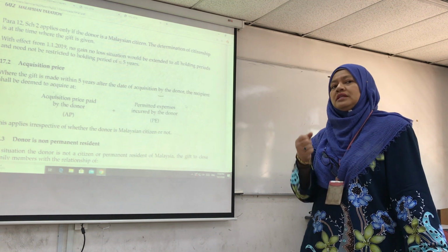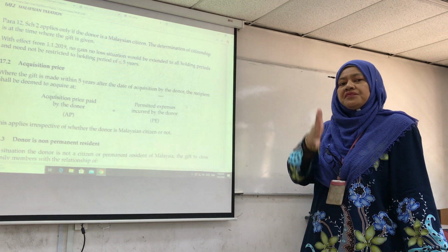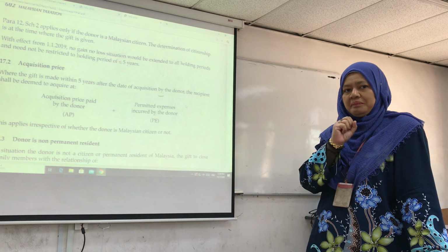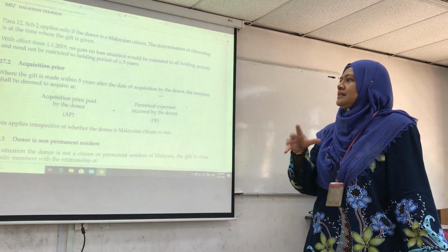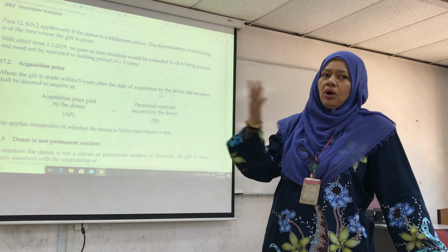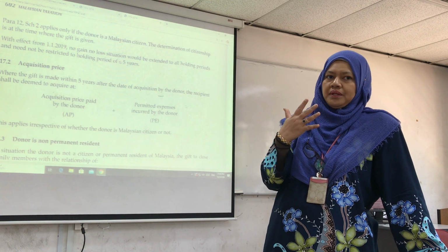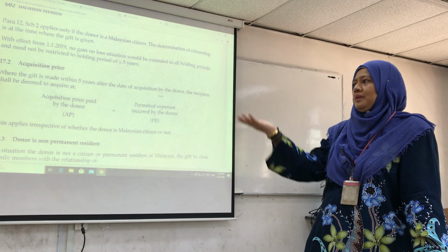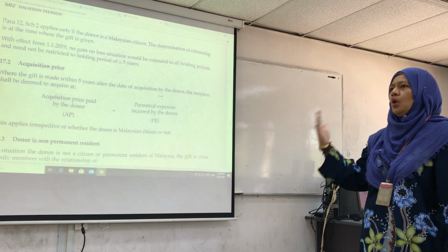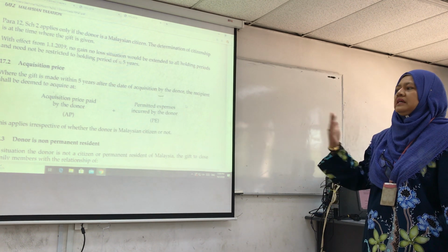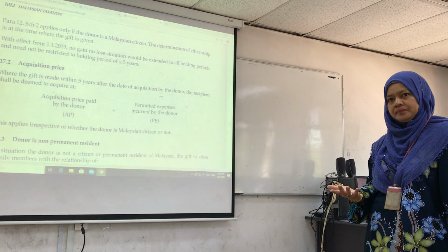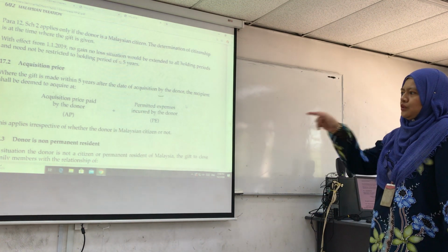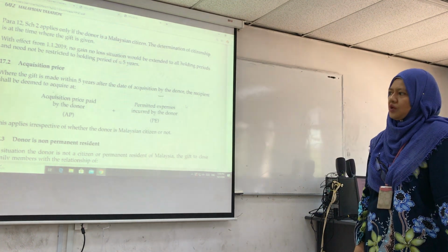But now, in 2019, after 5 years the disposal is still at a 5% tax rate. So that is why it applies to all kinds of holding period. Even after 5 years, you still apply it to the donor. If you hold the asset for more than 5 years, it is still a no gain, no loss. What about the acquisition price to the acquirer?